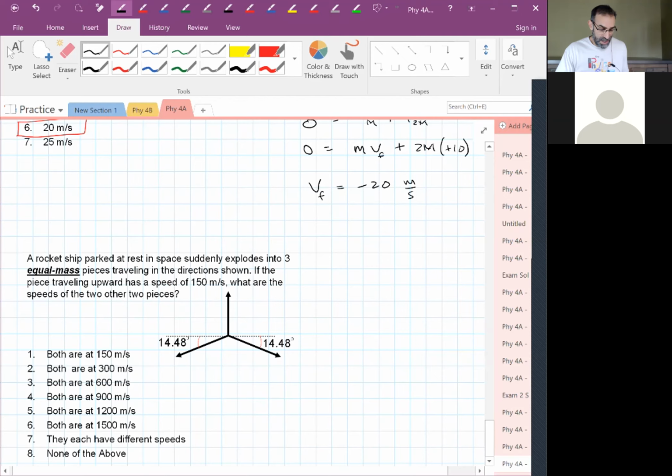Got a rocket ship parked at rest in space. Suddenly explodes into 3 equal mass pieces traveling in the directions shown.